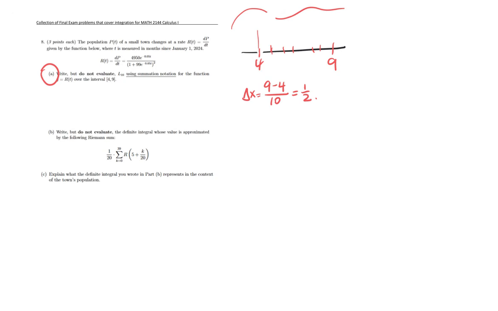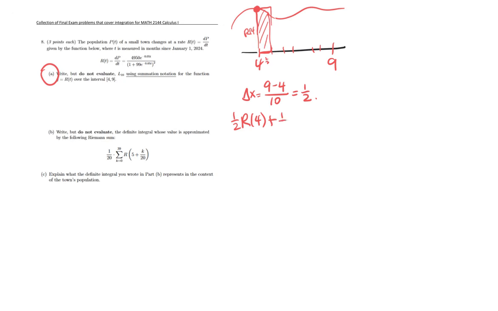I'm going to plug in the left-hand side. So that's this side to evaluate my first one. So my first rectangle will be r of 4 times 1/2. So r of 4 is the height of the rectangle, and the width of the rectangle is 1/2, and so that is my first rectangle.